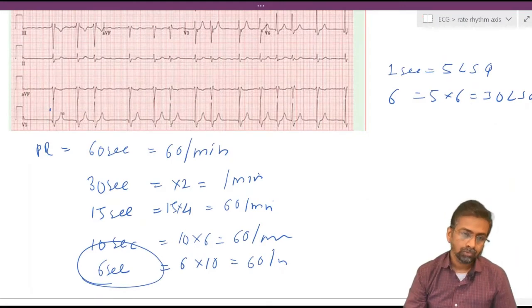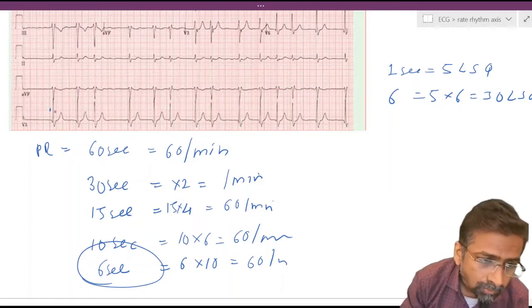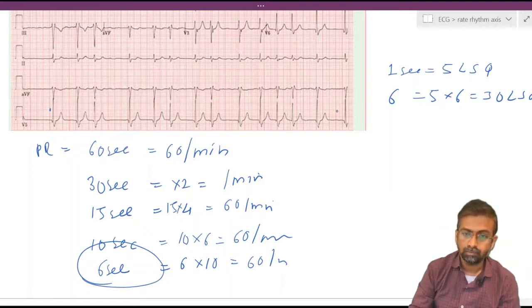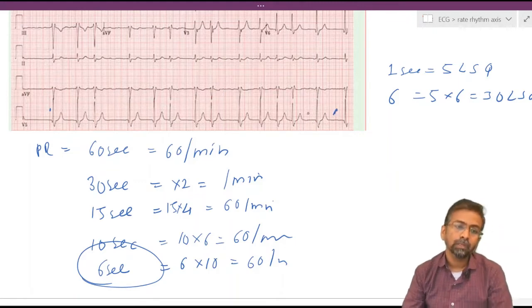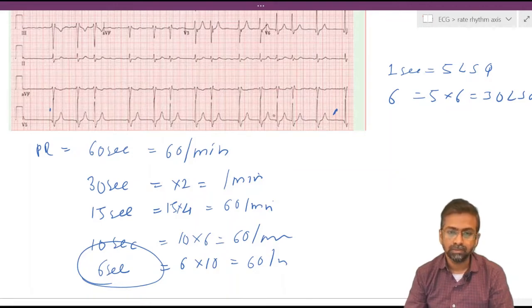Now we need to take 6 seconds, or 30 large squares. Let me count one. This one is a little fainter here, so I'm not going to count. Let's see, this represents 30 large squares. You calculate carefully in ECG. Suppose this much is 30 large squares, it means this is a strip that represents 6 seconds.